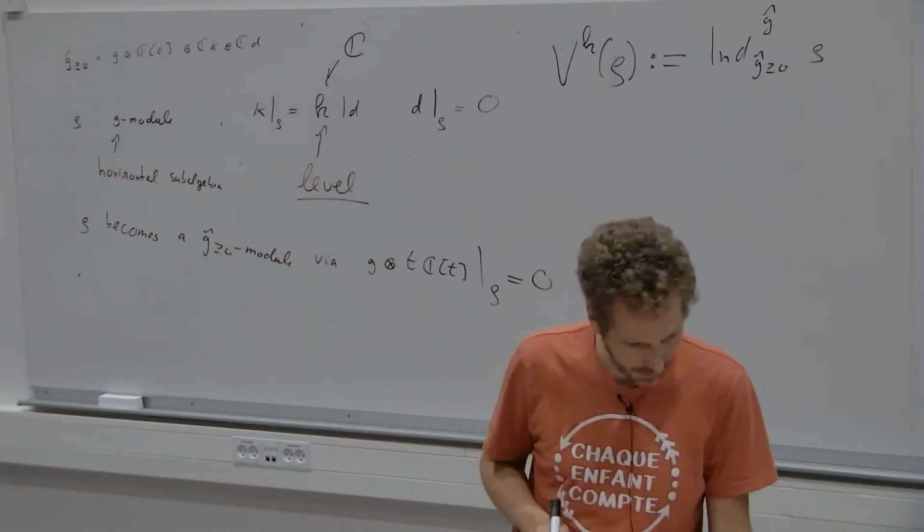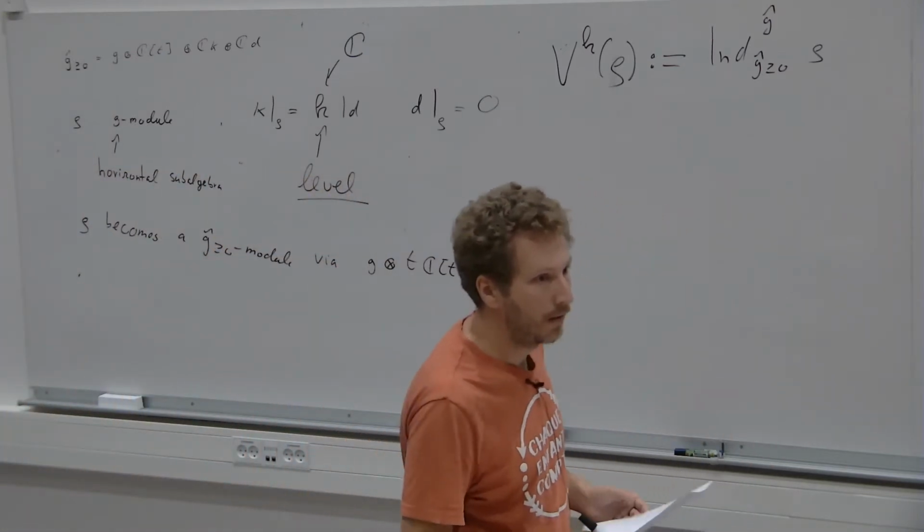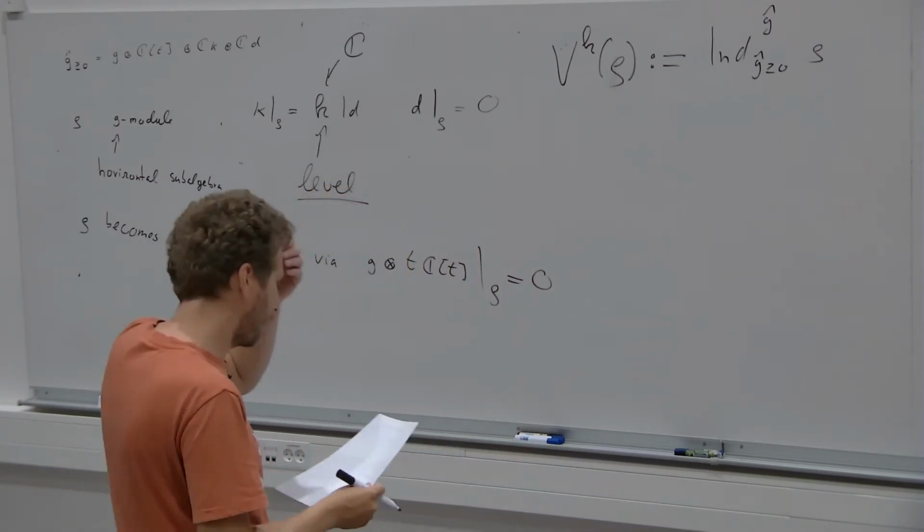Okay. Can you write down explicitly which vector spaces this is? Yeah, I just wanted to do this.